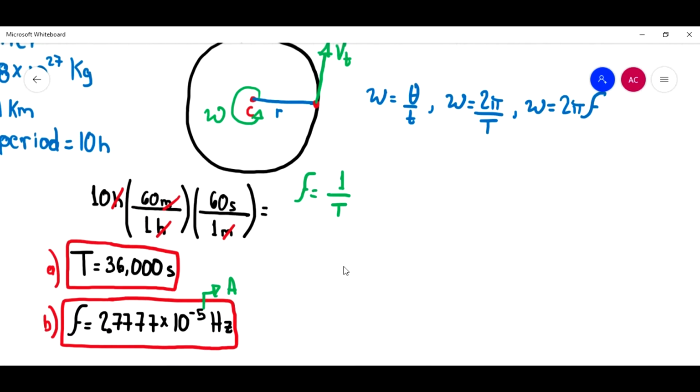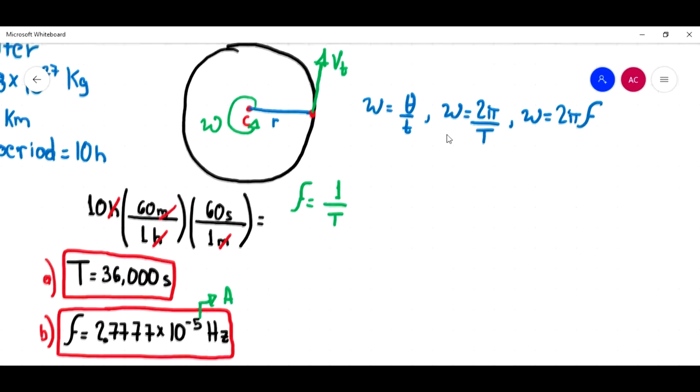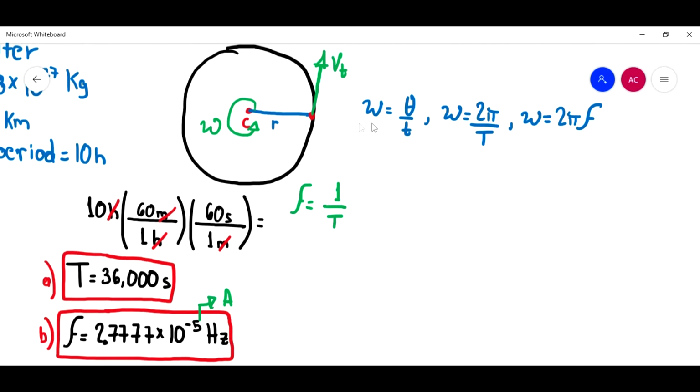If I don't want to struggle with the equations, I can use the one for the period. Remember, period is the time that takes to complete a full rotation, and the angular velocity is how many radians per unit of time. So 2π radians is a full circle over time. That's why we use period.